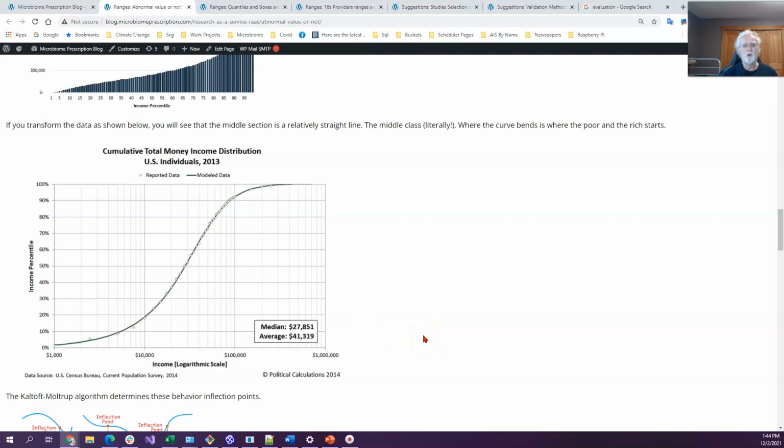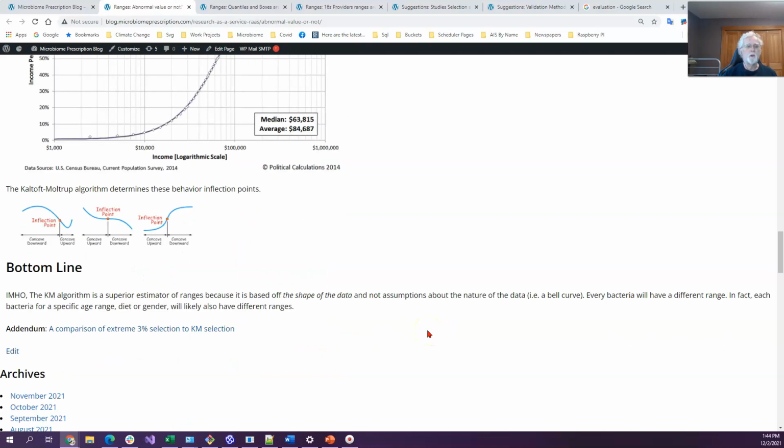There's a methodology which can be used called the Coulter-Moultrie algorithm, which helps determine outliers by using this type of data analysis. So what does it look like when we apply the same thinking to the microbiome?